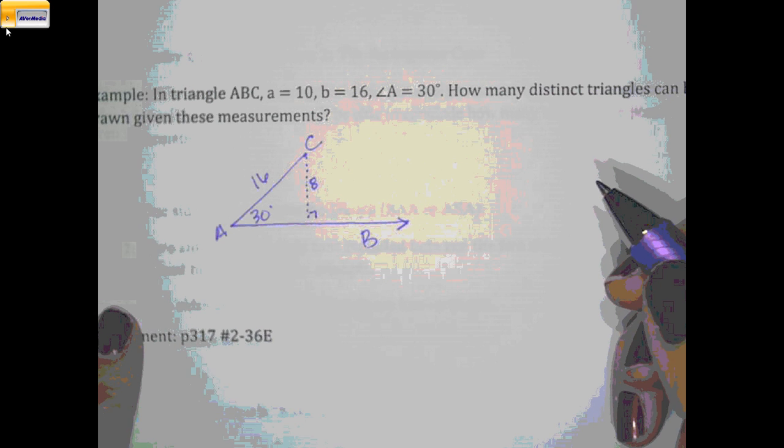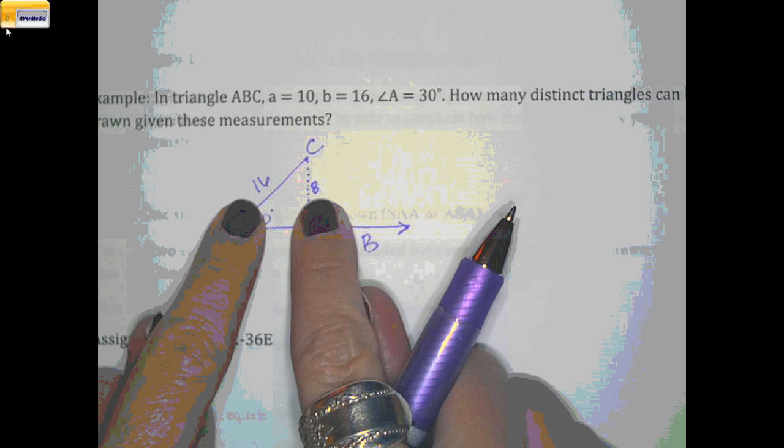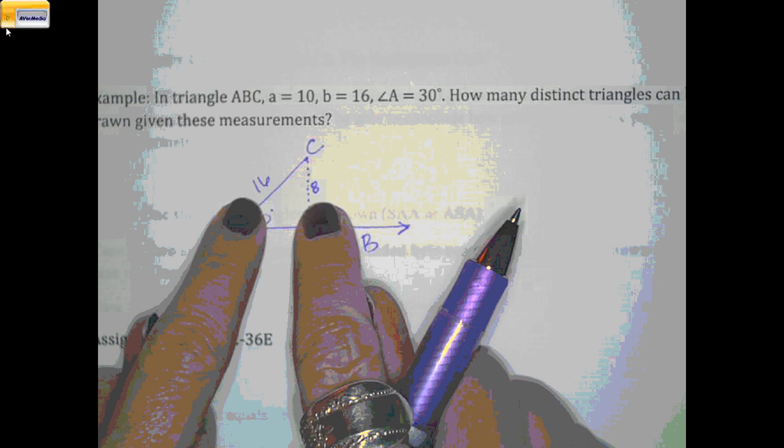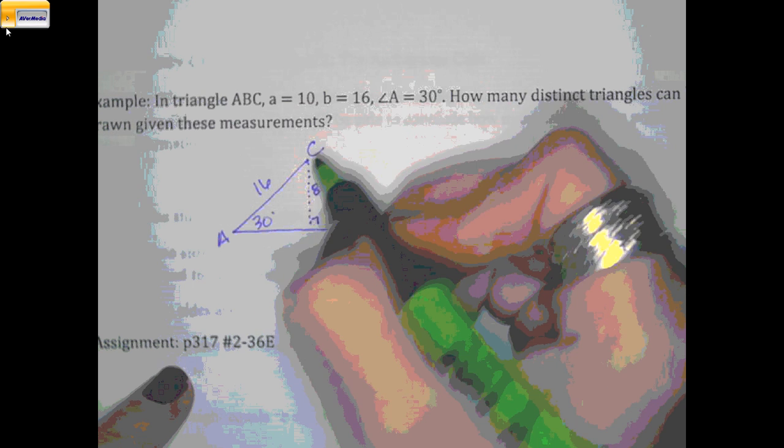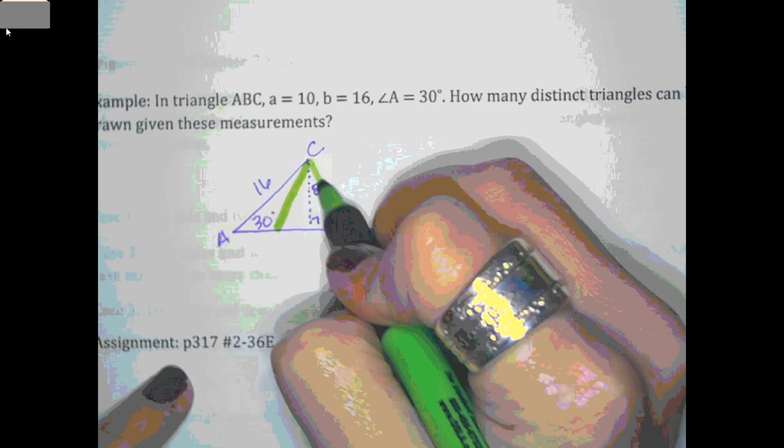We determined that that was 8. They're telling us that A is 10. What does that mean for us? There's two triangles. It's between these two lengths. If it's shorter than this guy, but longer than this guy, you've got two options. That triangle might go here, or it might go here.